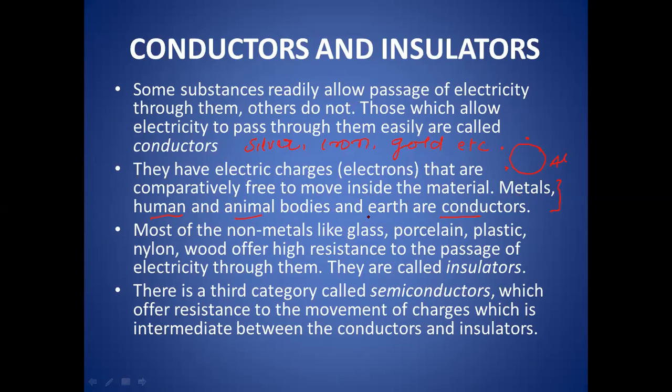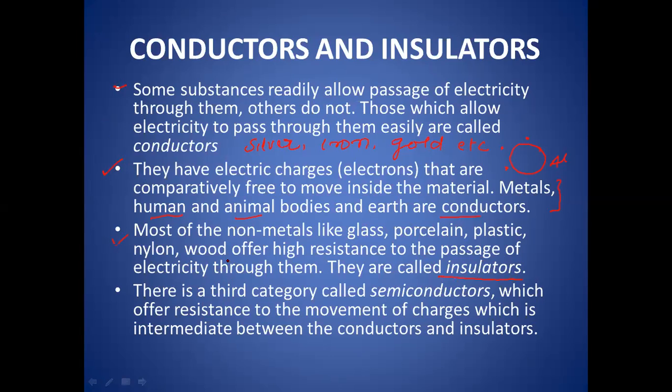Most of the non-metals like glass, porcelain, plastic, nylon and wood offer high resistance to the passage of electricity through them. They are called insulators. So this is the definition of conductors, and this is the definition of insulators.